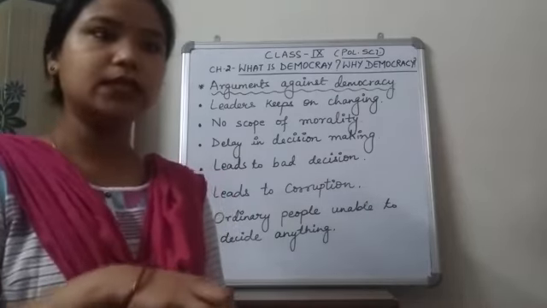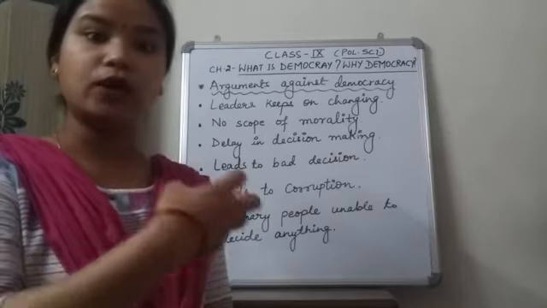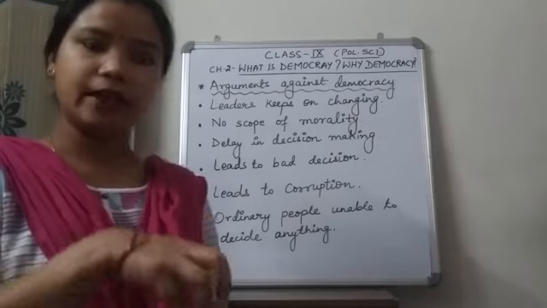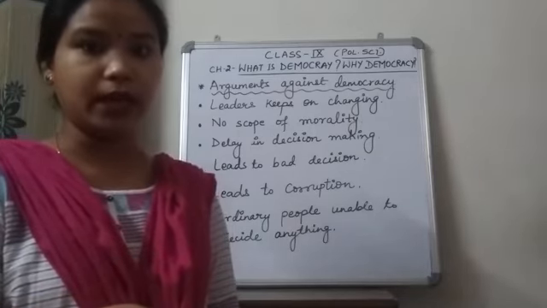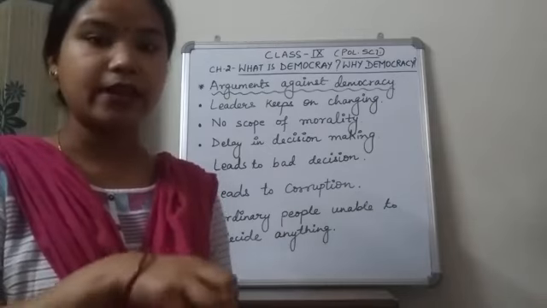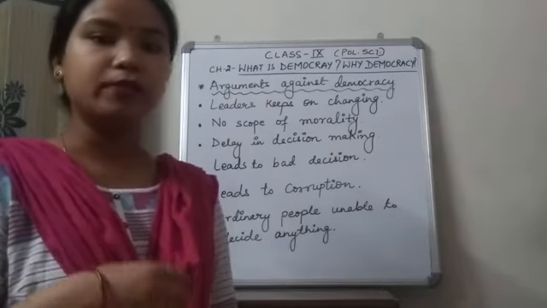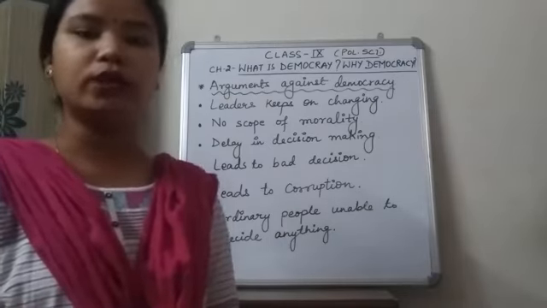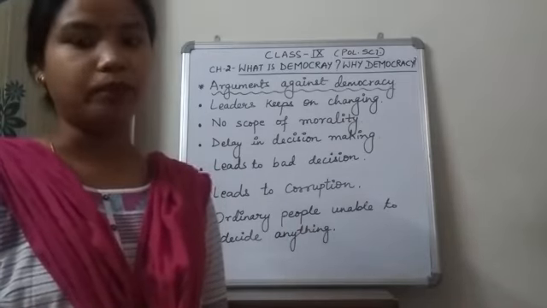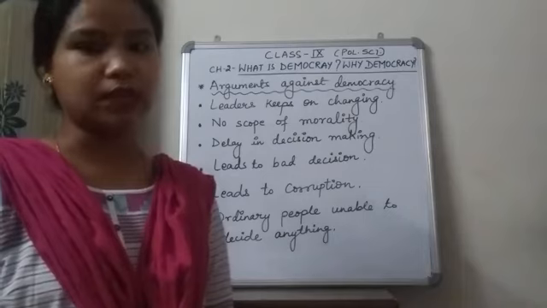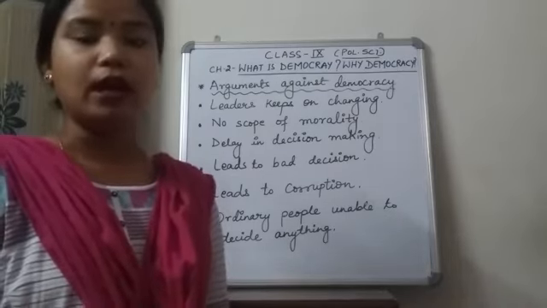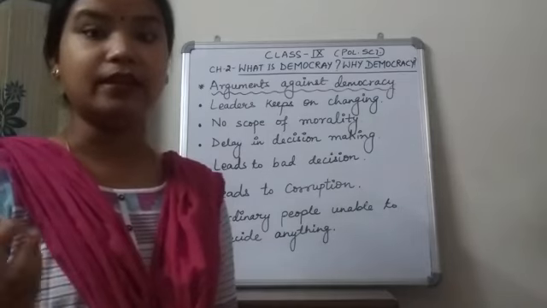Though they are good in their own field, when they join the political party, they have to work at the grassroots level, and if they win the election, they have to go to their own constituency and work for the upliftment of the people. But in many cases we have seen that these people are not in the habit of working at the grassroots level, at the ground level.